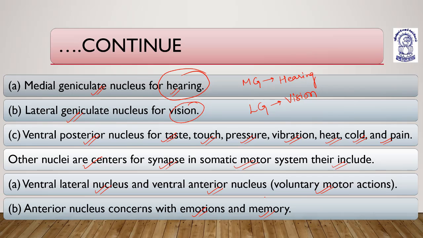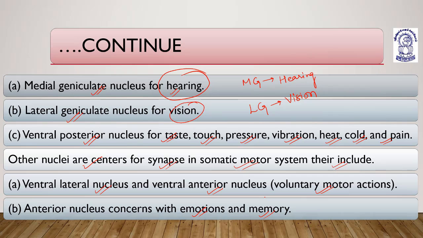So medial geniculate is for hearing, lateral geniculate is for vision, and ventral posterior nucleus for taste, touch, pressure, vibration, cold, heat, and pain. Some of the other nuclei act as a synapse in the somatic motor system.